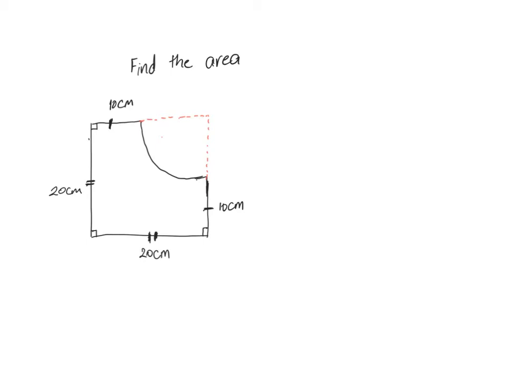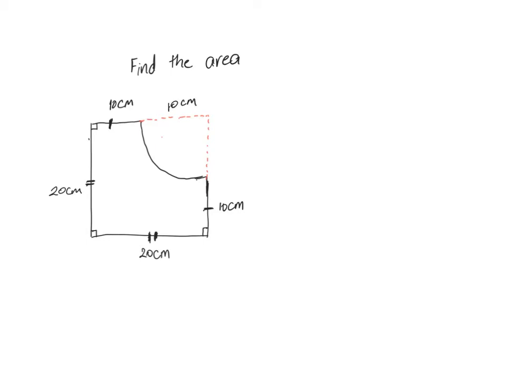Now, if the top, which I will show right here, is 10 centimeters and that whole thing is 20, that means the rest out of the 20 is 10 centimeters. So we can go ahead and write that down, that is 10 centimeters.